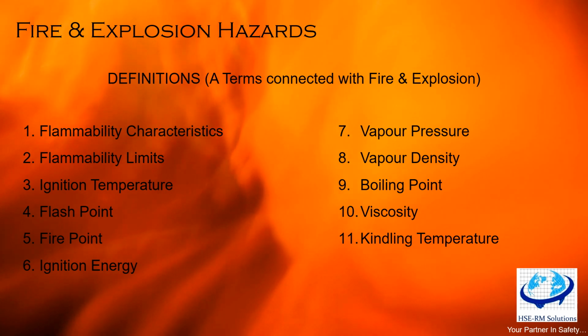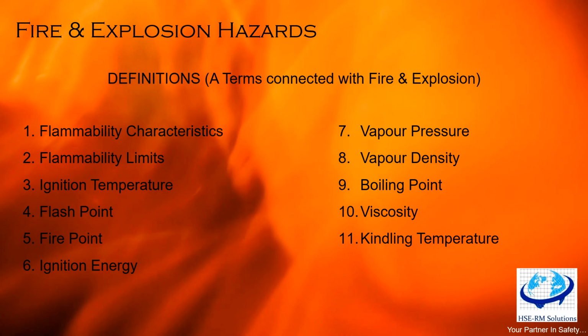Now coming to vapor density. The density of a petroleum vapor or gas is greater than air, correct? It is heavier than air and tends to remain at ground level. It collects in pits and flows a long distance through drains and trenches.